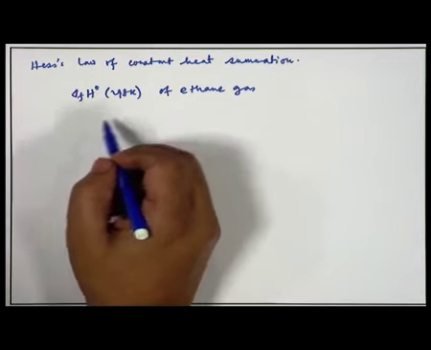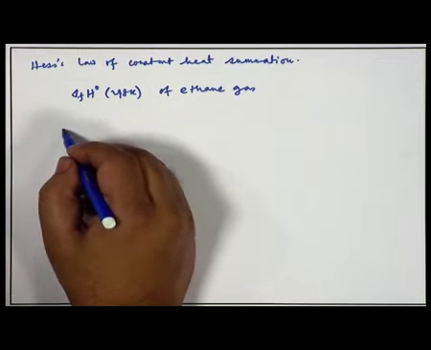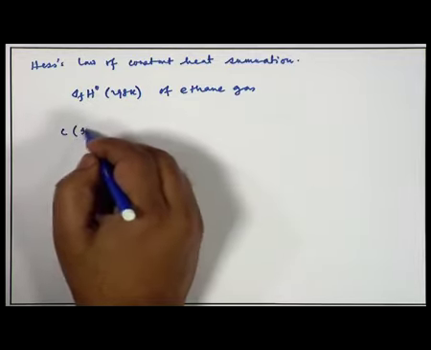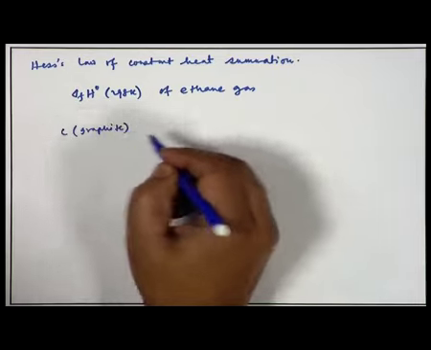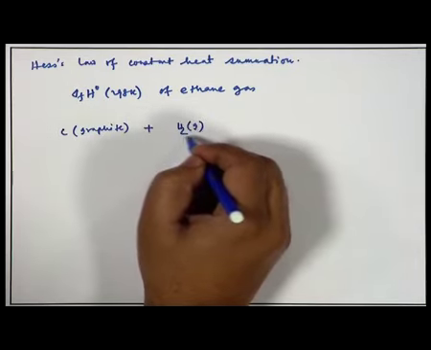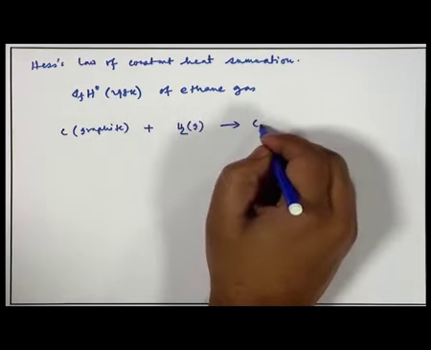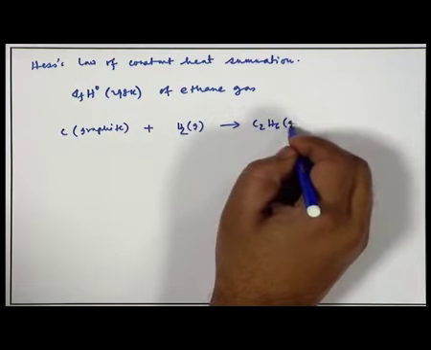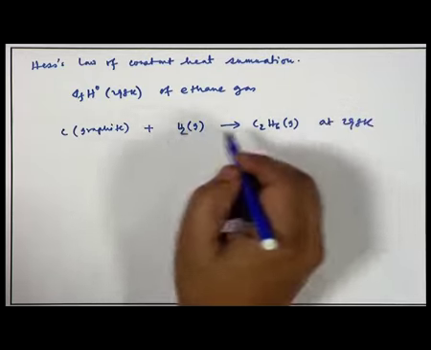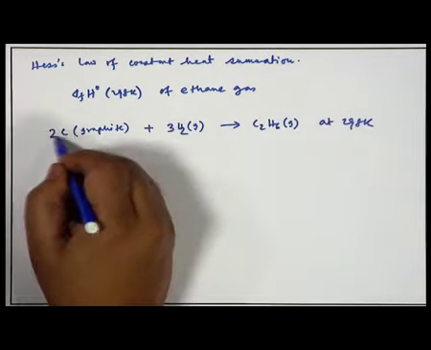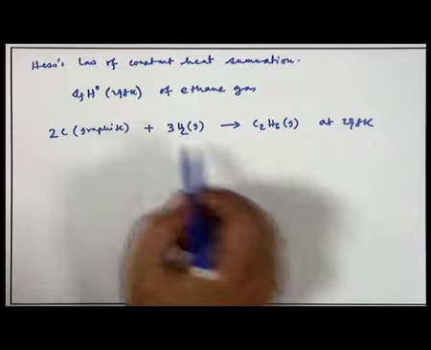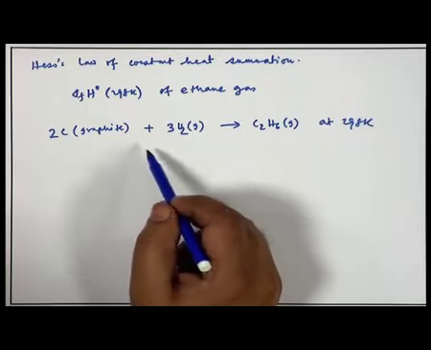So, what is the formation reaction? The constituent elements of ethane are carbon and hydrogen. So, we can write carbon in its reference state, graphite, plus hydrogen in its reference state, to ethane gas in standard state at 298 K, and then we can balance the reaction as required. Now, this reaction is not feasible.